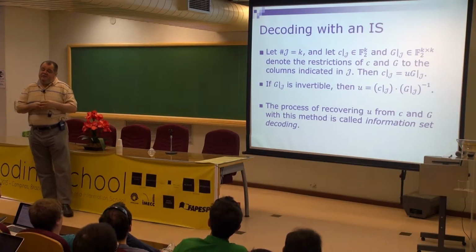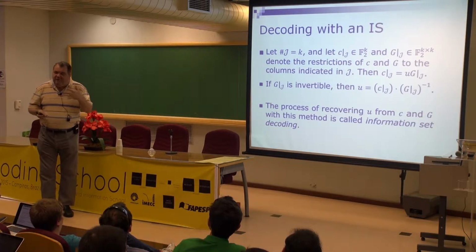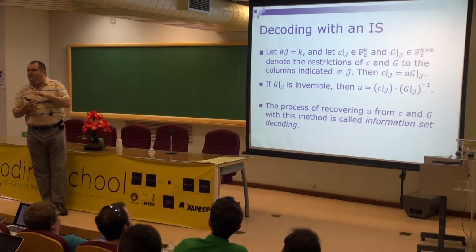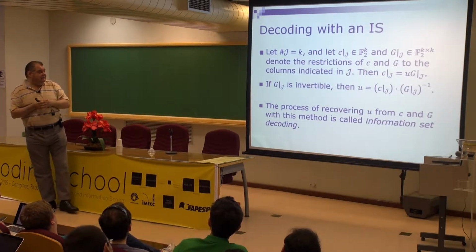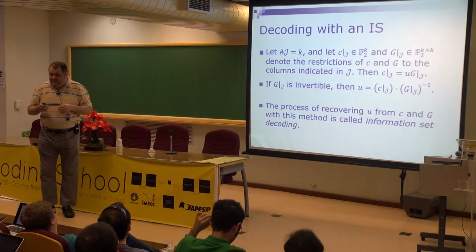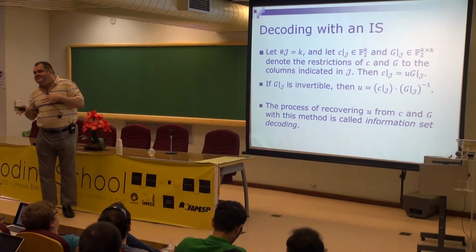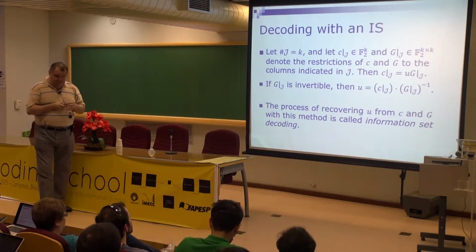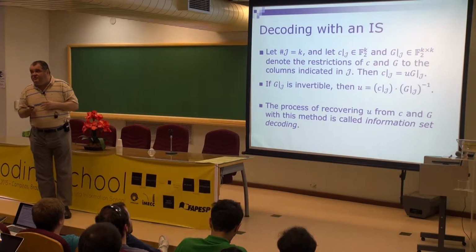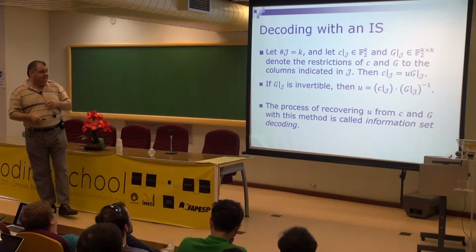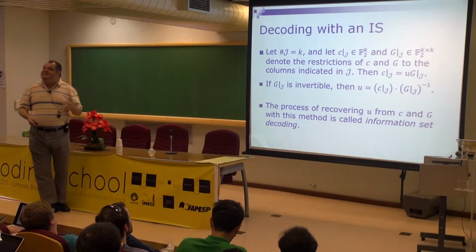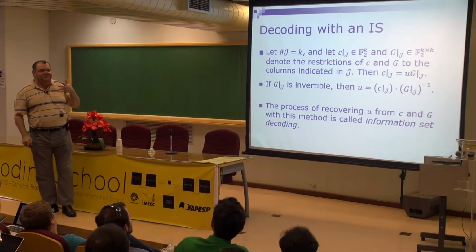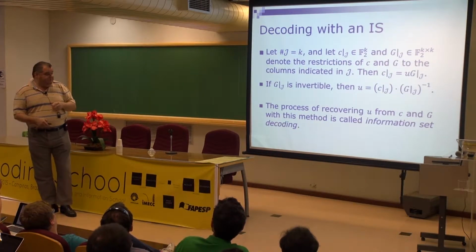So if we have the linear combination that produces the underlying code word, we have it, and we can compute the difference to recover the error positions if we like. So as long as we have an information set, we can decode and correct all errors. So the problem is, how do we get an information set? It's hard. Otherwise, the overall general decoding problem or syndrome decoding problem would be trivially solved.